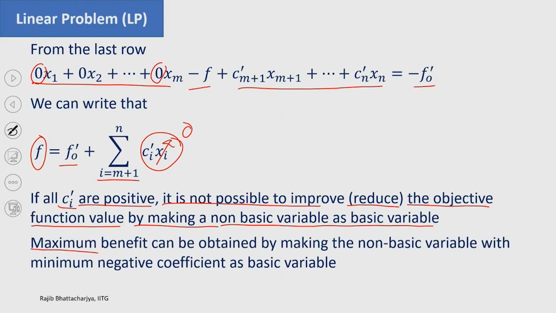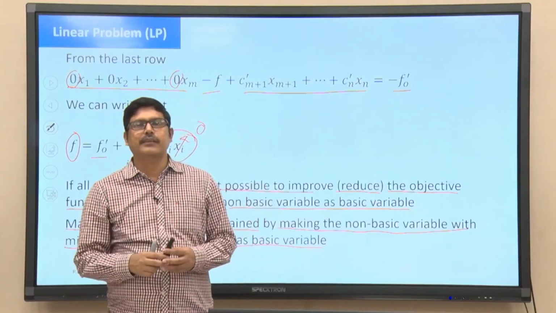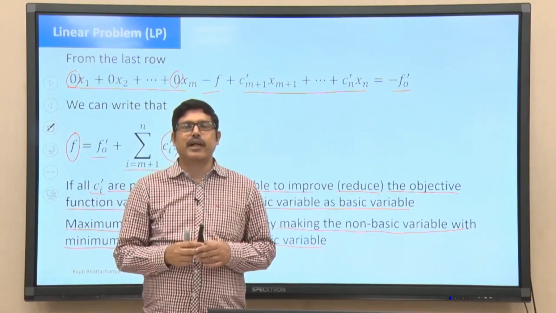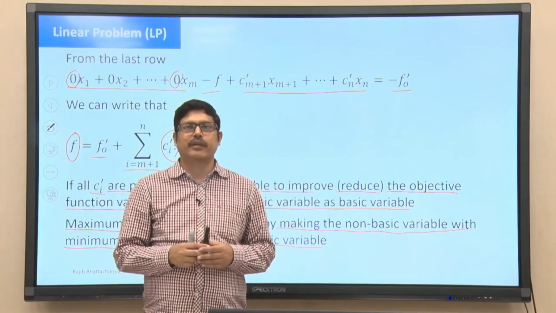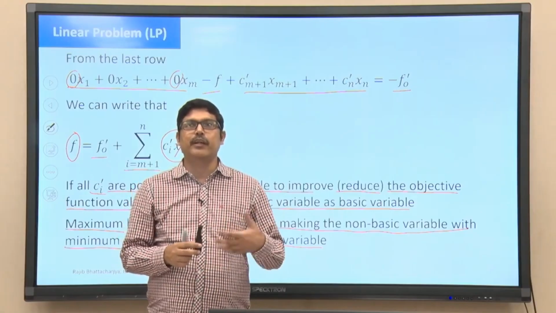Maximum benefit can be obtained by making the non-basic variable with minimum negative coefficient a basic variable. So, the first condition is that if all are positive, that means we are not getting any improved solution.